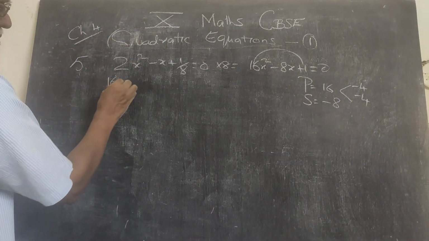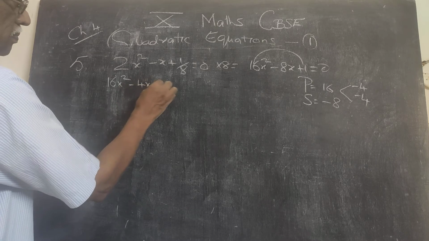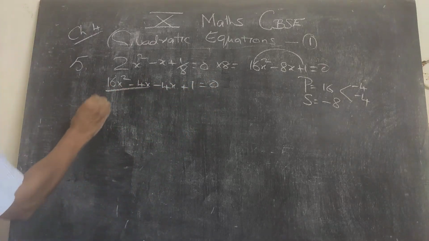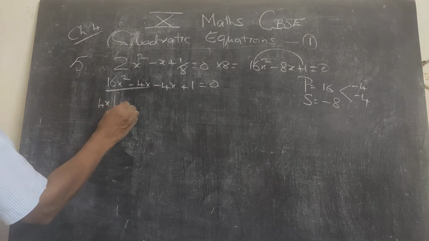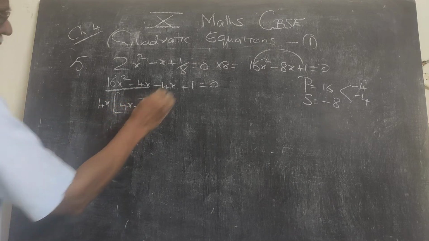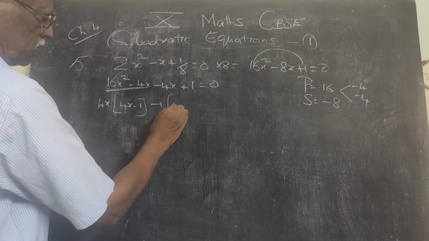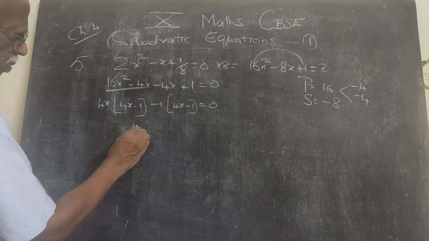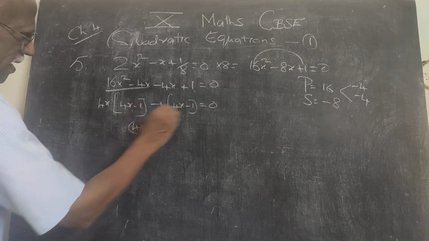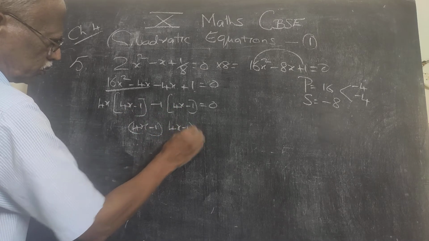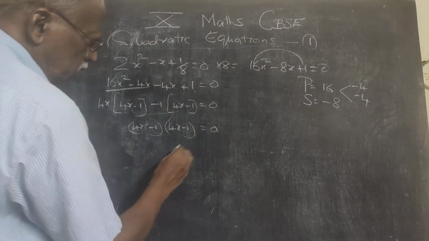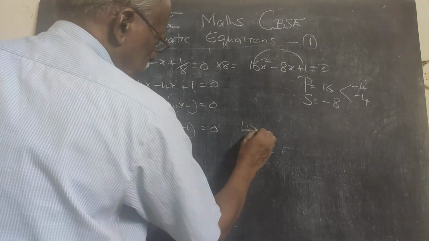So this will become now 16x² minus 4x minus 4x plus 1 equal to 0. Take 4x outside. This will be 4x minus 1. Out of this, you take minus 1. So 4x minus 1 equal to 0, which means 4x minus 1, again 4x minus 1. 4x minus 1 the whole square is 0.